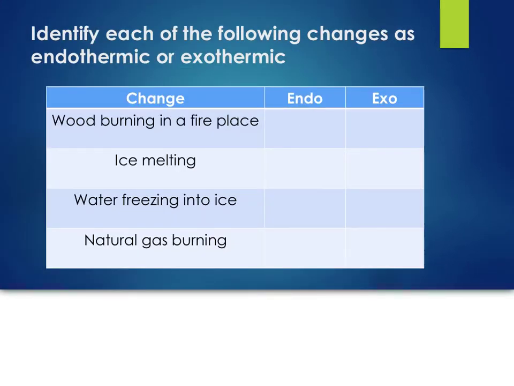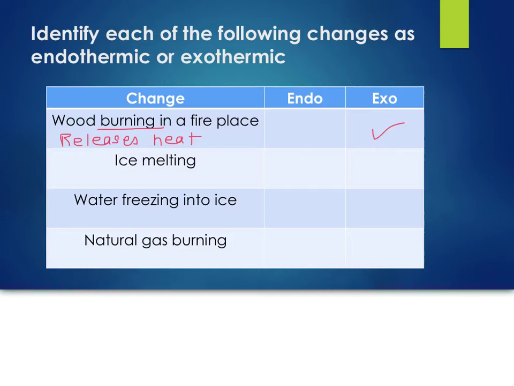Okay, so you should be finished with those. Now let's see. Wood burning in a fireplace, it releases heat, so that makes it exothermic. Now ice melting is a tricky one, because remember, the temperature of the ice is doing what?